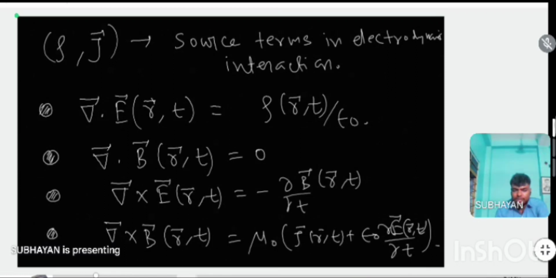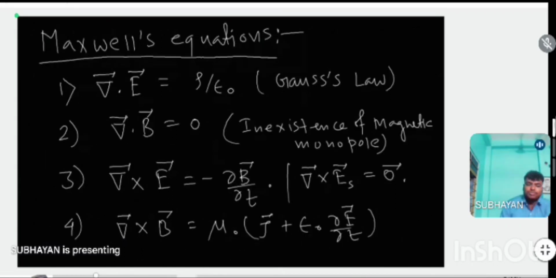So this form of the Maxwell equations just expresses the arbitrariness of these equations. These equations are applicable in every situation, whether the source is static, dynamic or accelerating, whatever it may be. These four equations are applicable in all cases.